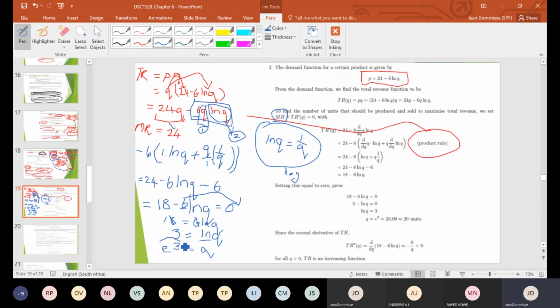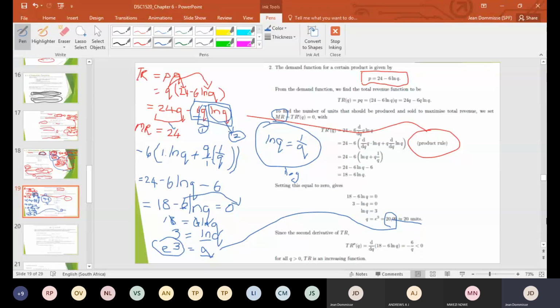So e to the power of 3 is equal to q. And that, with a calculator, we need to work out. But if you look at it, it gives us 20.09. So if we round that off, it is 20 units that we have created.